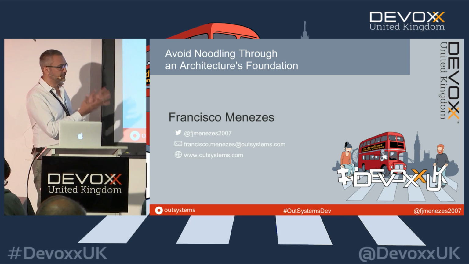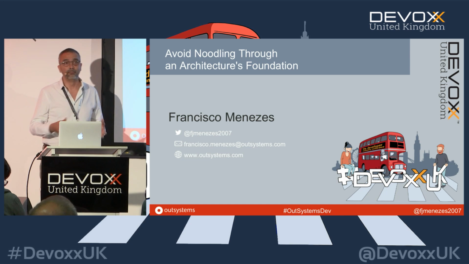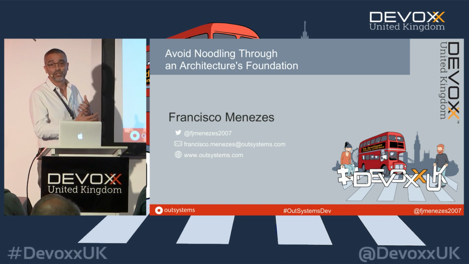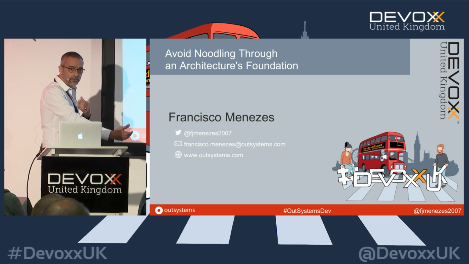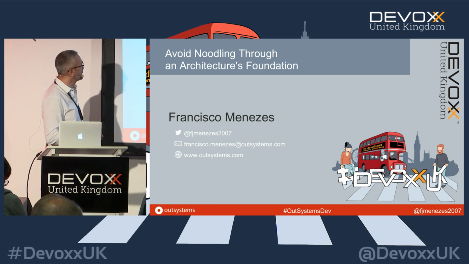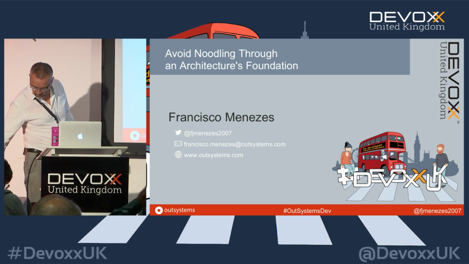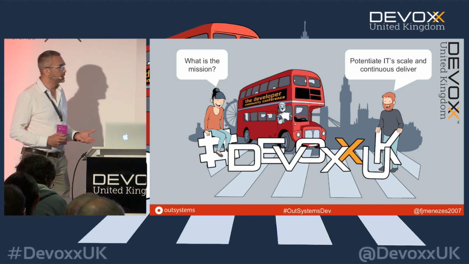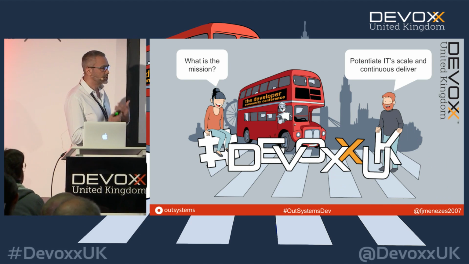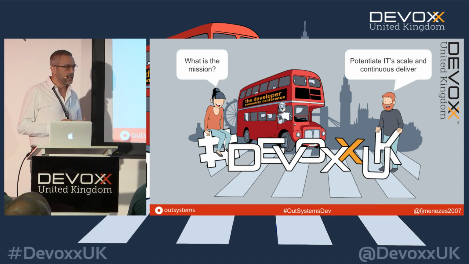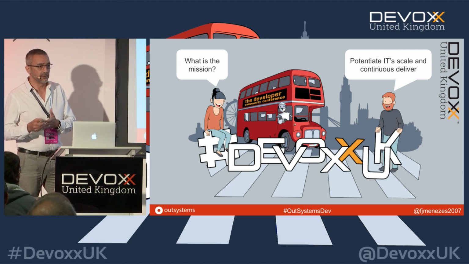And actually, the framework that I'm presenting here is being absorbed by the platform, because we should somehow enforce good practices and lead the development in the right direction. So, what is the mission here is to show you a framework that potentiates IT scales and potentiates continuous delivery.